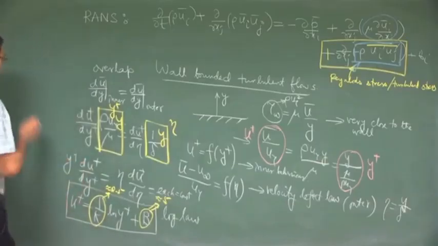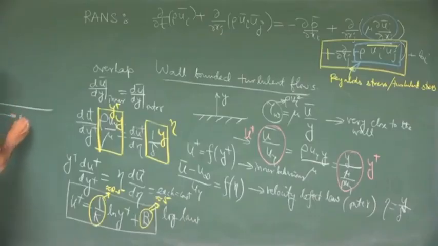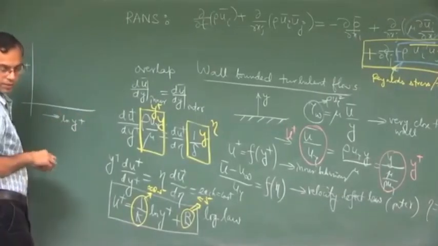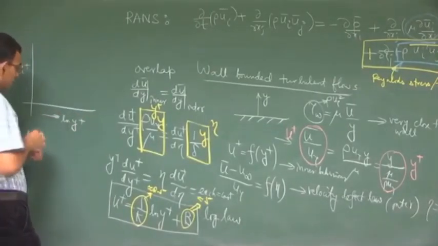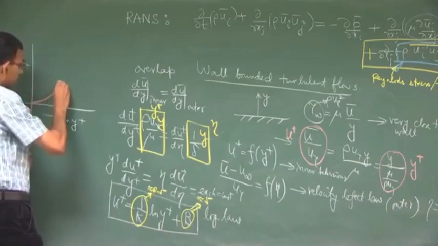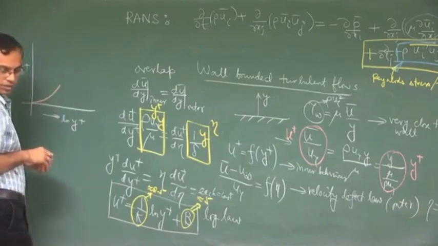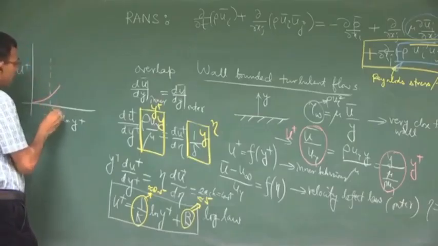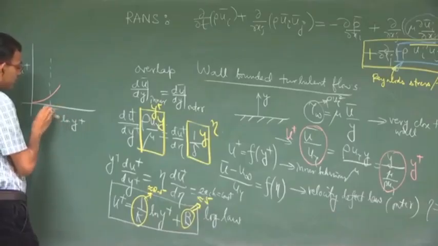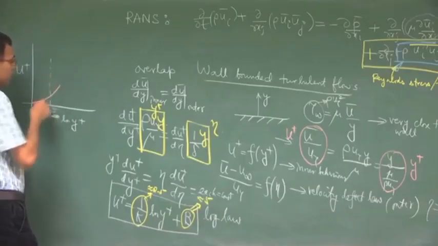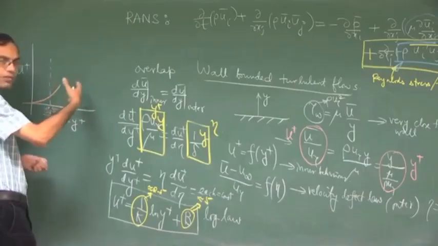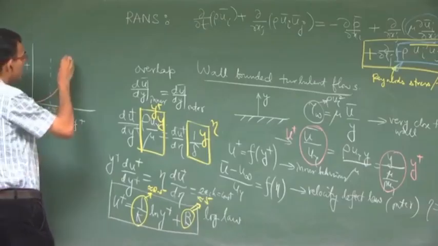So, now if you plot this u plus with ln y plus, because it is a logarithmic graph, you will first have this kind of a variation, then about y plus equal to 5, within which you have the viscous layer where you have u plus equal to y plus, then it will be a different function of y plus, not u plus equal to y plus.